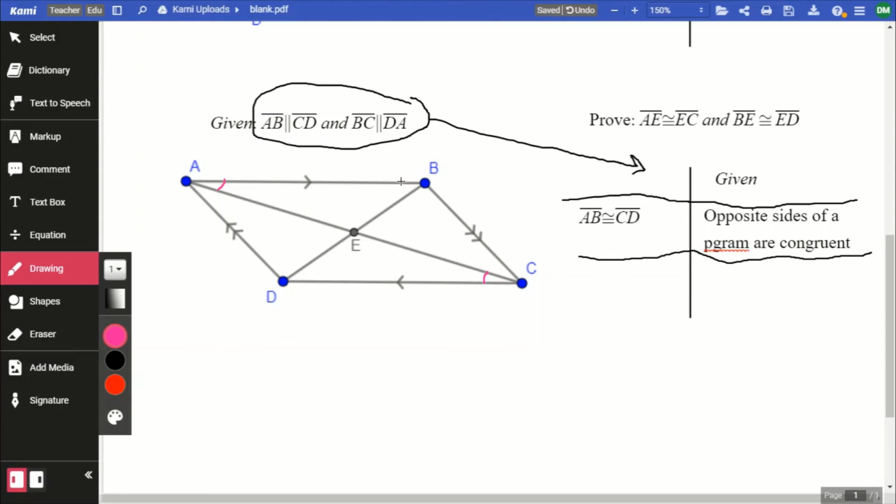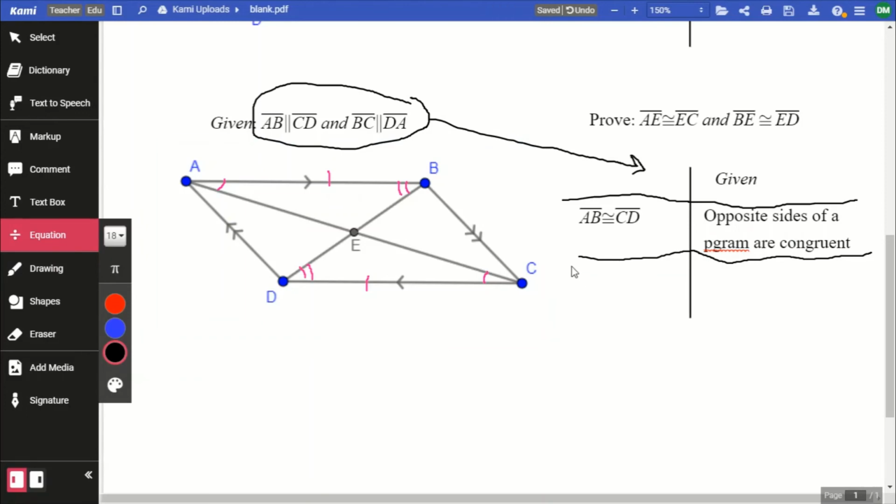And then we're going to do the same thing with angle ABE and angle CDE. And I may as well mark these congruent since we already showed that. Okay, so we've got angle BAE is congruent to angle DCE.